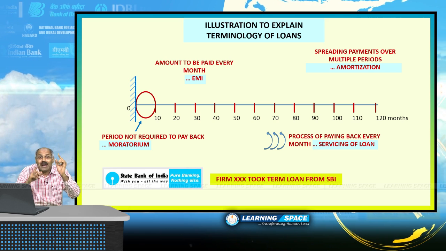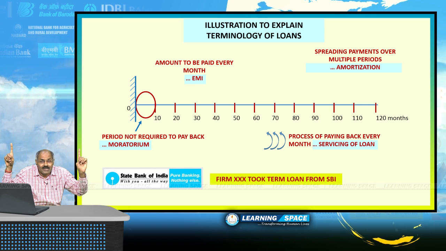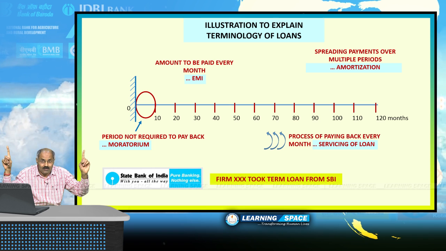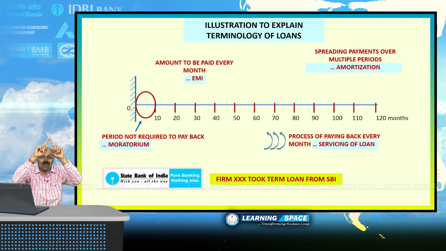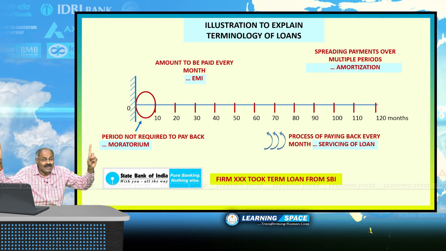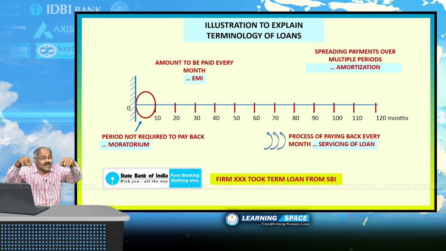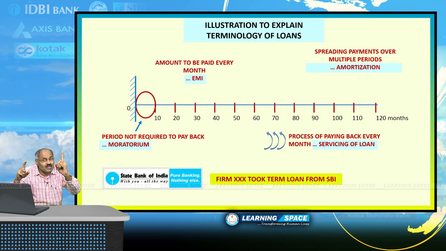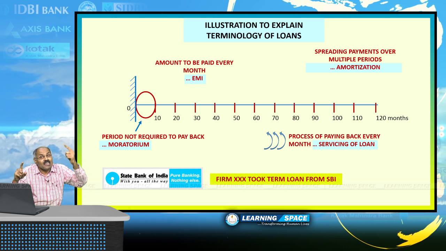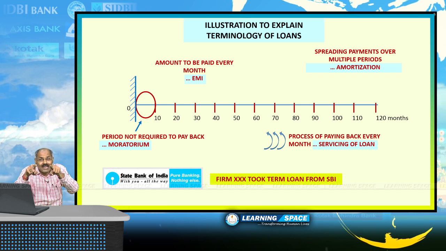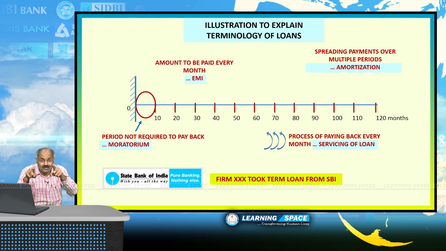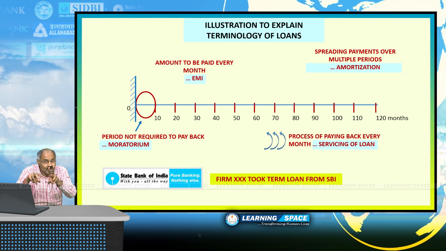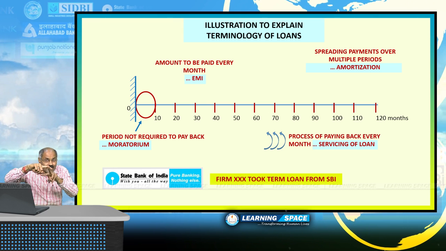Second, spreading the payments over the total duration is known as amortization. The entire payment is to be spread over the entire period. Suppose the loan period is 120 months. You may be paying a fixed EMI every month, but the EMI components will vary in principal and interest. EMI has two components, one is the principal, the other one is interest.